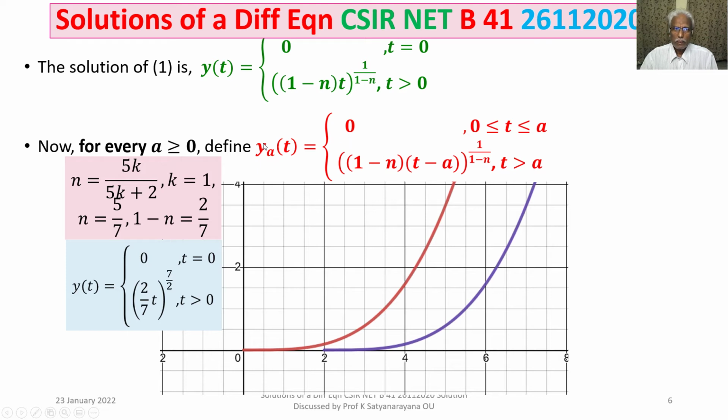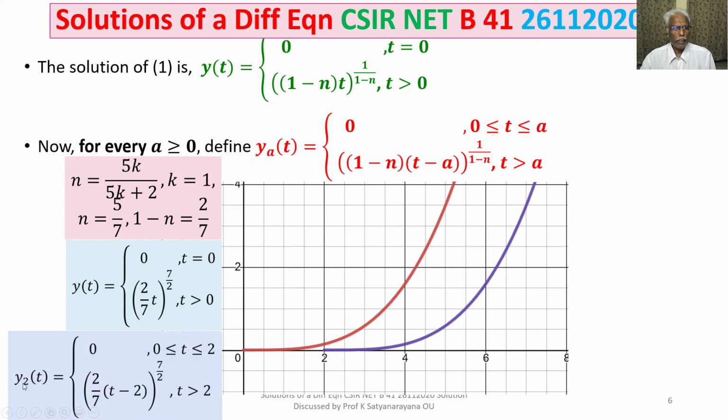But in this function which you have defined, when t lies between 0 and a, including 0 and a, the value is 0. So let's look at the curve of this function when a is 2. When a is 2, y2(t) is defined like this. Wherever there is a, you are writing 2 here.